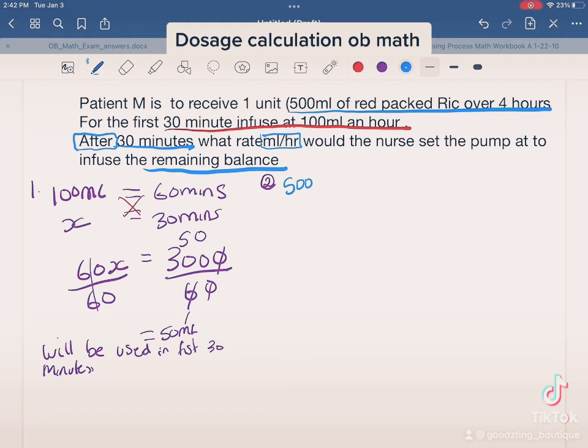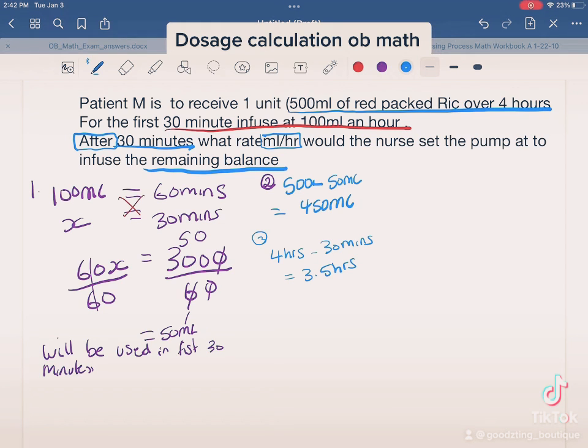Now, the second step is 500 minus 50 milliliter, which gives 450 milliliter. But remember, initially we were supposed to infuse over 4 hours, but we already took 30 minutes away, so now we only have 3 hours and 30 minutes left.